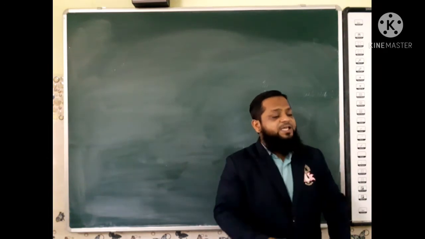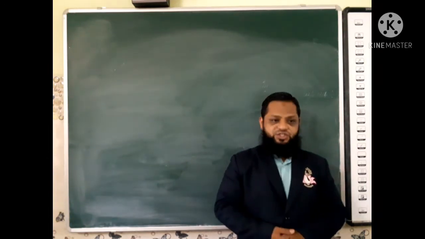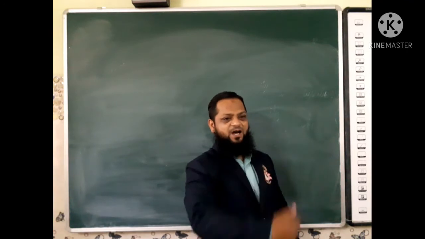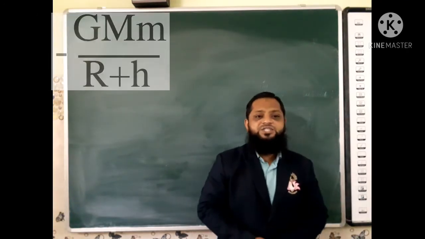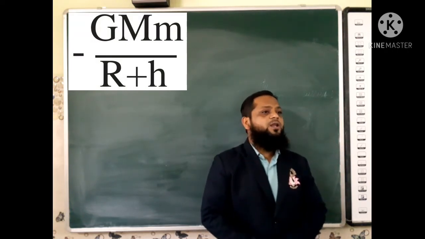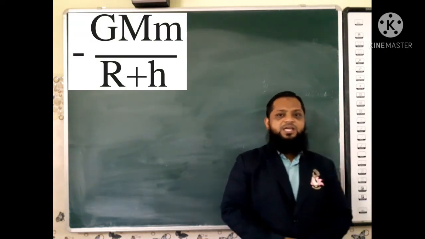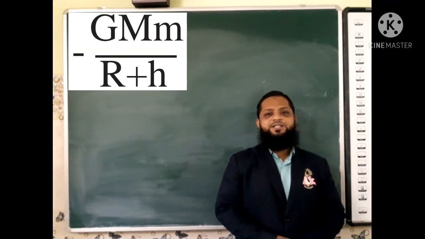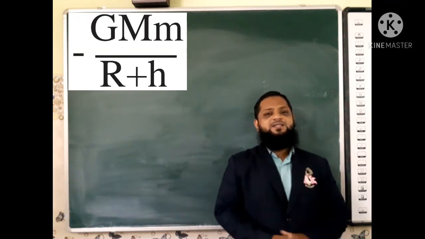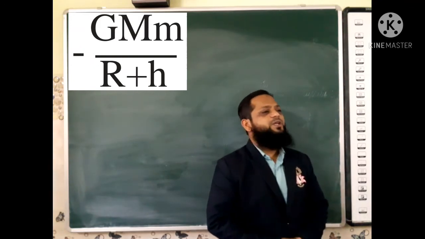When an object is at a height h from the surface of the earth, its potential energy is minus GMm upon R plus h. Here, capital M and capital R are the Earth's mass and radius respectively.